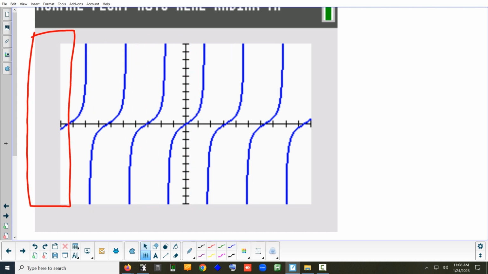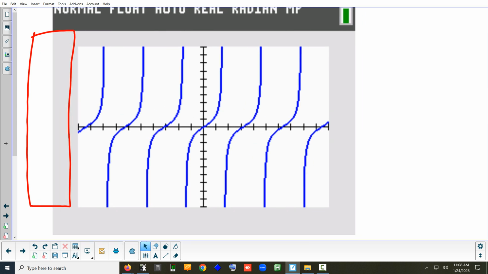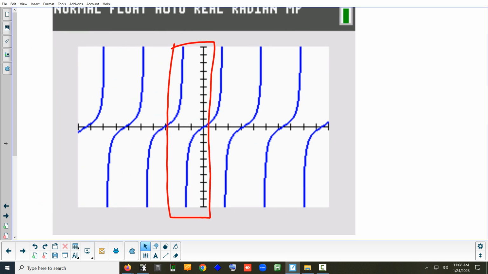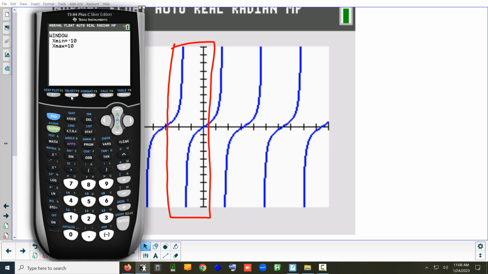Okay, so there's more tick marks here than we're used to seeing, but that's okay. Let's move the box. I can set the tick marks so they're what you would normally see. Let's do a tick mark every pi over 2.